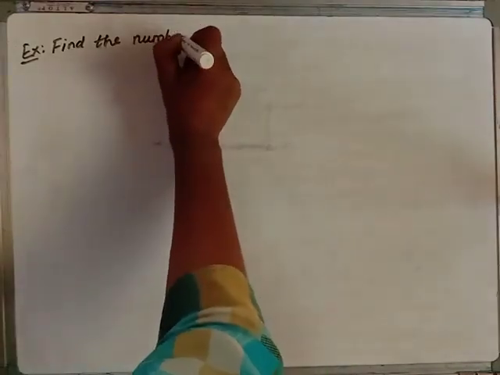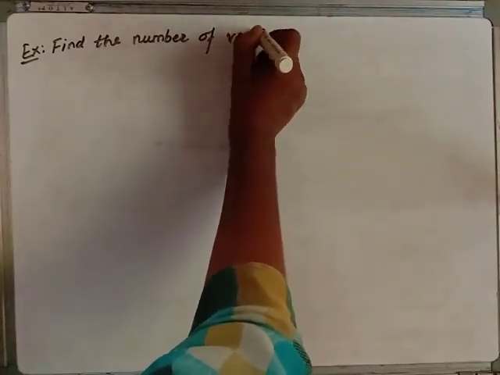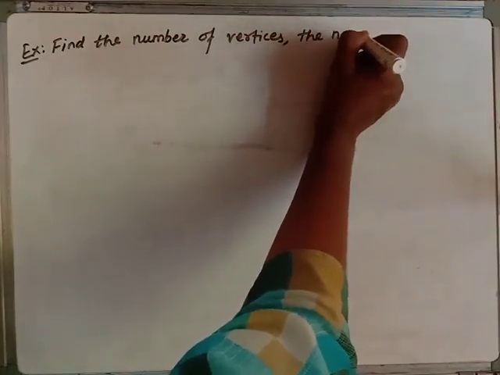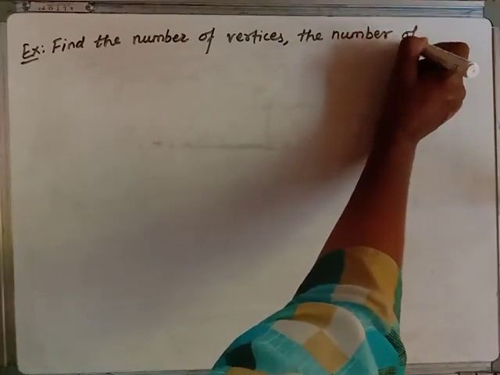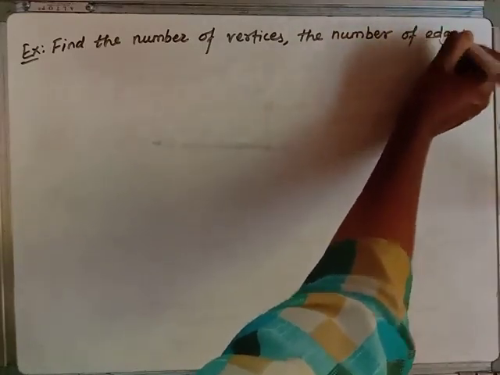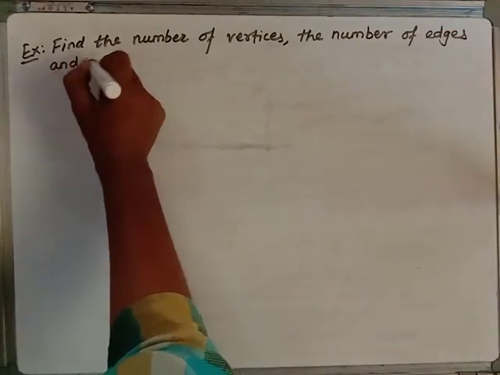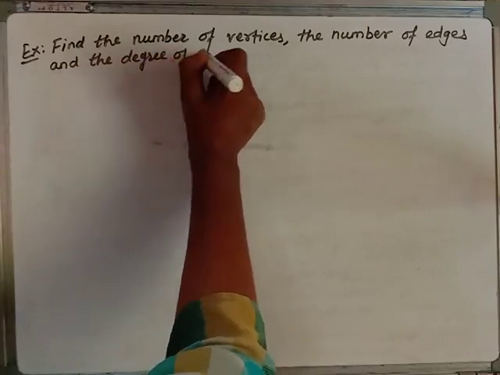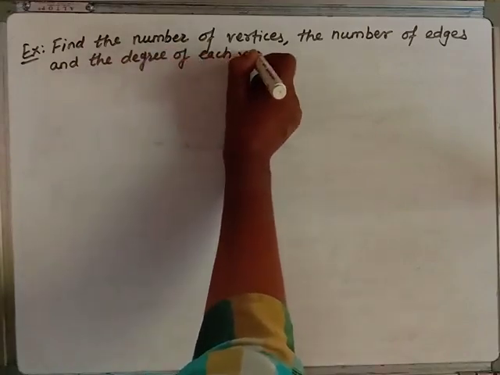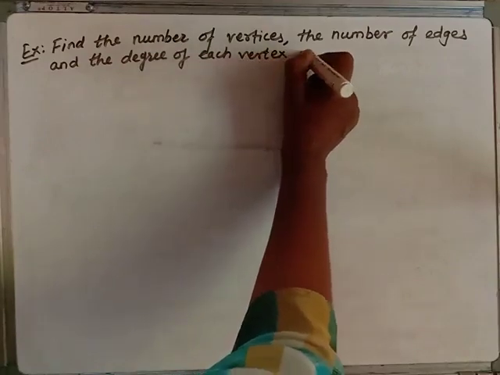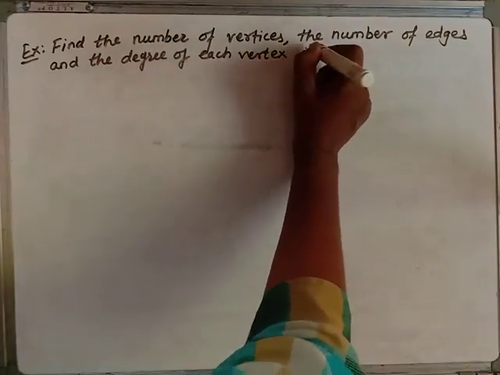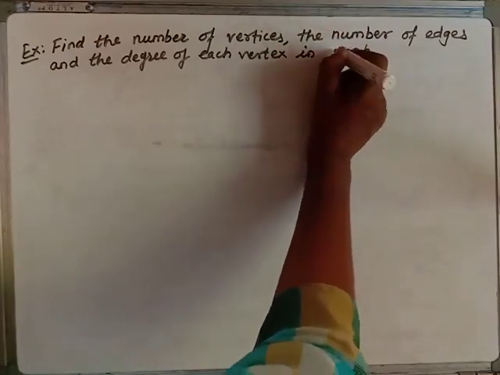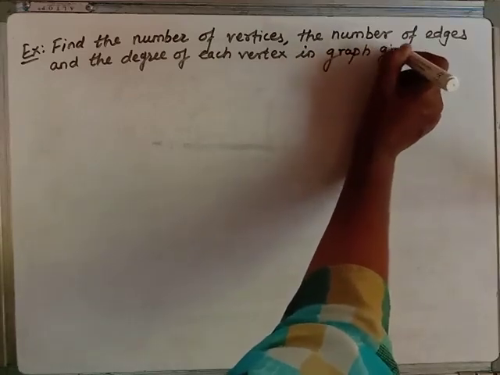Example: find the number of vertices, the number of edges and the degree of each vertex in a graph given.